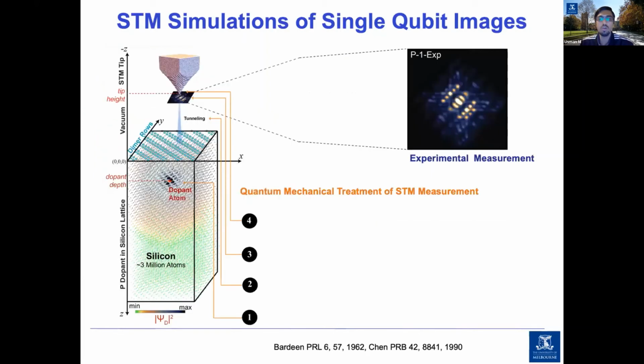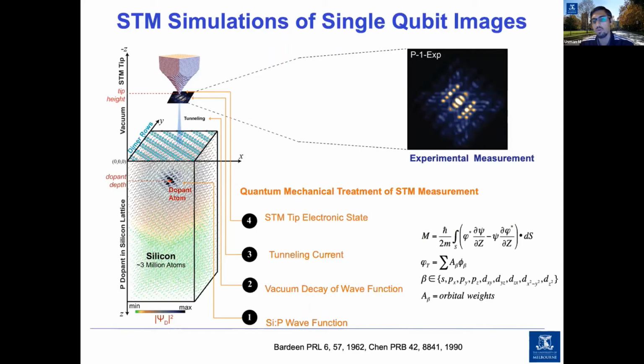So we started to look in more detail, and we developed a comprehensive quantum mechanical treatment of this STM current. In our system, we did this modeling of the donor wave function in silicon over several million atoms. Using tight binding theory, we incorporated vacuum decay of the wave function from the sample to the tip.